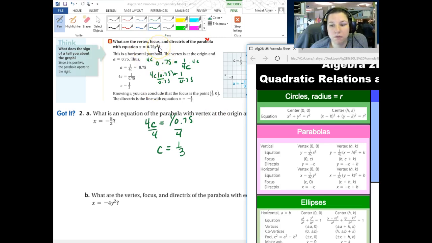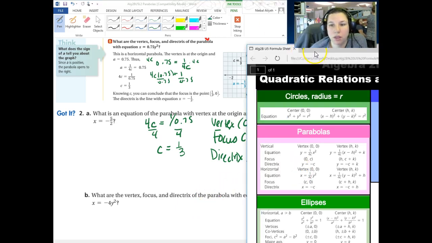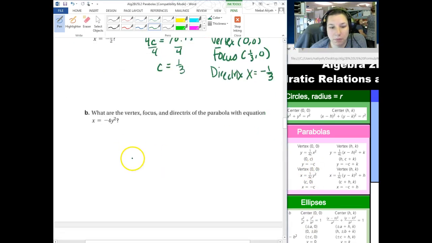They want to know the focus, so that's going to be (c, 0), so it's going to be 1/3, 0. And then the directrix is going to be x equals negative c. Okay. So use the formula sheet all along and make sure that you're pulling from the right formulas, because there's quite a bit there.